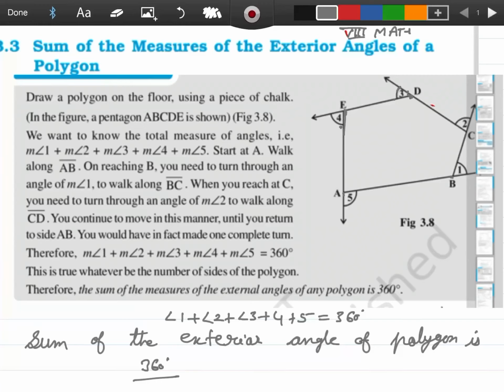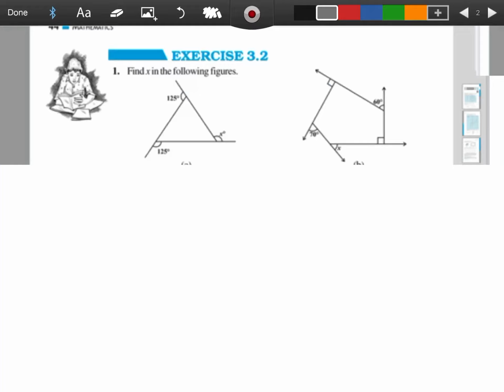So angle 1 plus angle 2 plus angle 3 plus angle 4 plus angle 5 is equal to 360 degrees. So the angle sum property of the exterior angles of a polygon is 360 degrees.